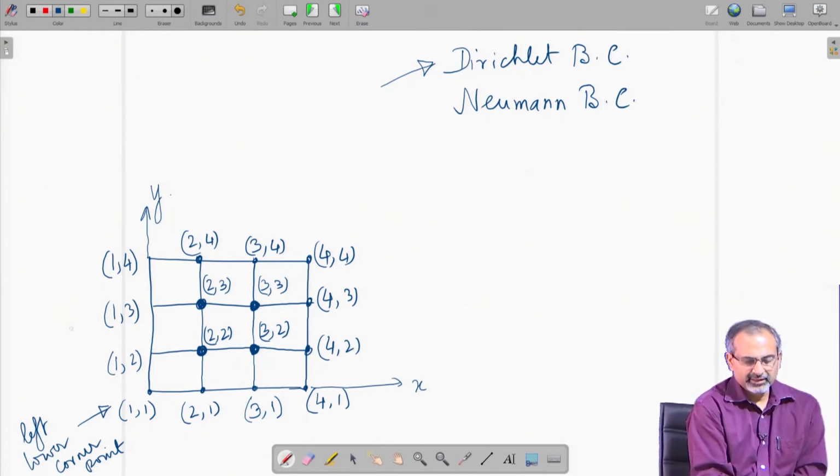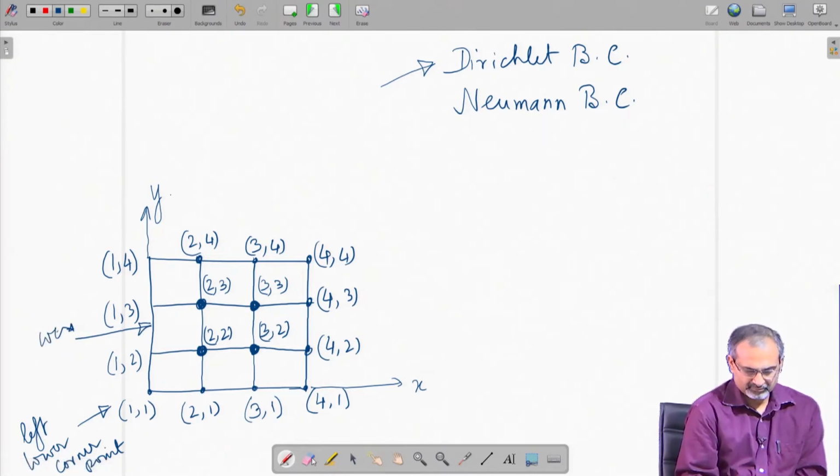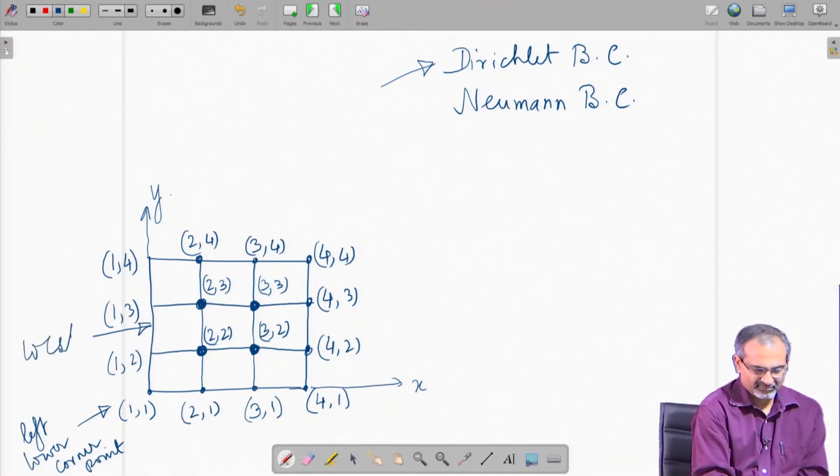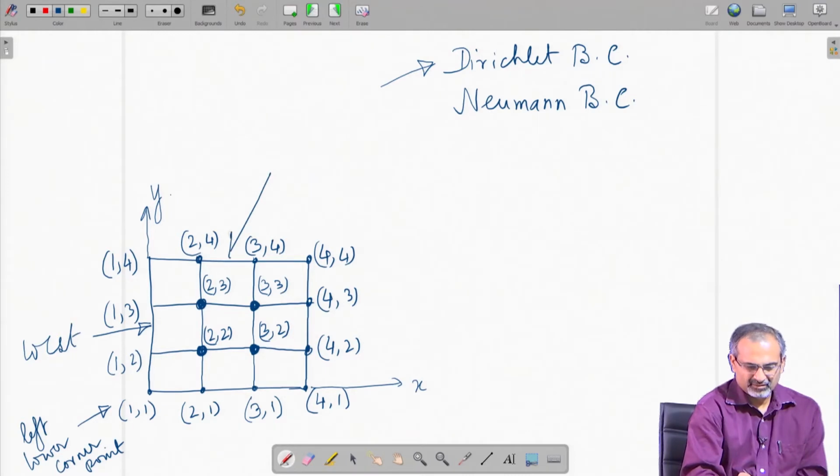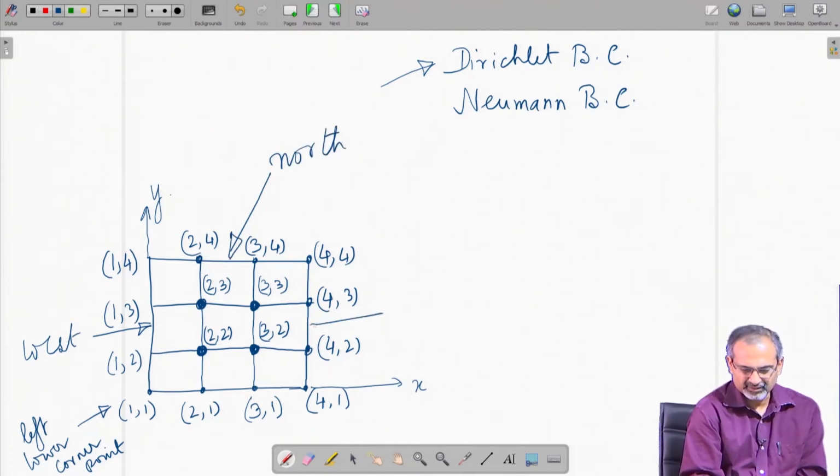For doing that, we will name this boundary as the west boundary, this one as the north boundary, this as the east, and this as the south.